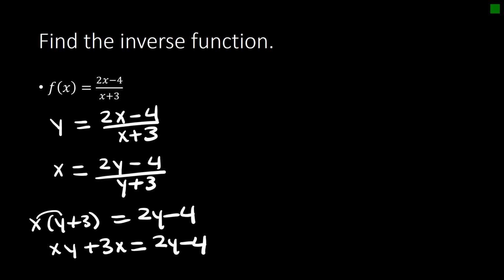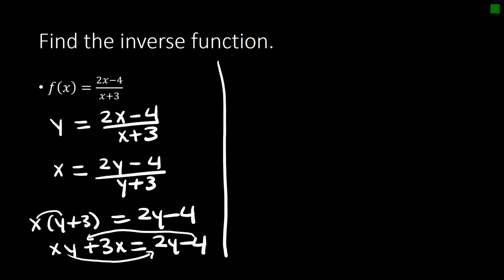And then we need to choose a side to get our y's to. Okay, so I am going to take xy over, and I'm going to bring the 4 over. So I'm going to take this over here. I'm going to take that over there. And if I do that, I am going to have 3x plus 4 equals 2y minus xy.